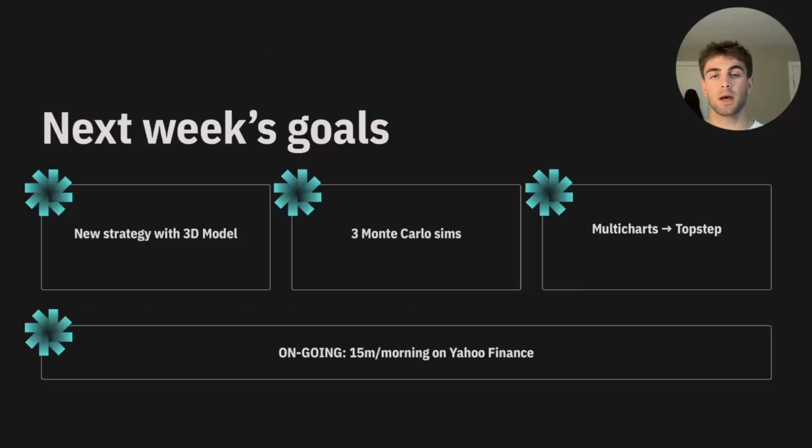Next week's goals, I want to create an entirely new strategy, not just optimize the past one that I've been doing, but create a new one that is meant for the actual asset that I use it on. This past strategy was meant for equities, and I used it on futures.